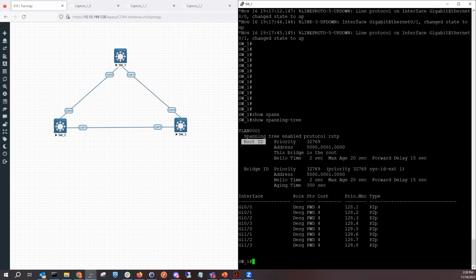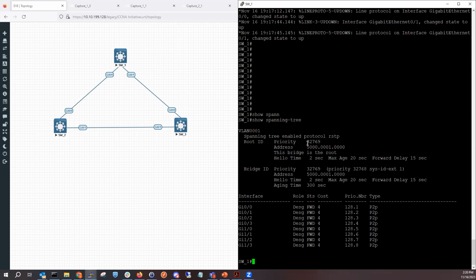This is going to be on every switch. But the bridge ID is this switch using this command. If we take a look at this, this matches this. So context clues tell us this switch is the root, and this bridge is the root. So we have that set.